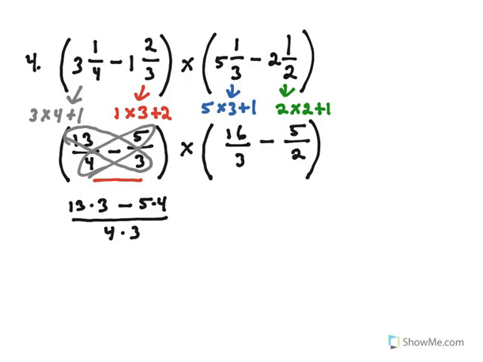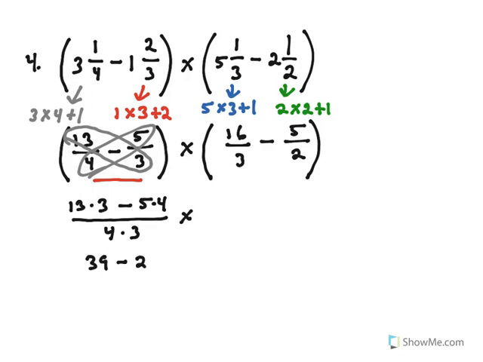All right, and let's see what we get when we do that. So 13 times 3 is going to be 39.